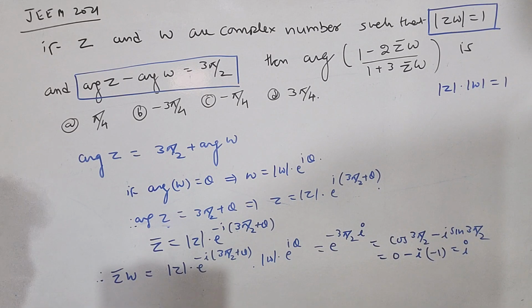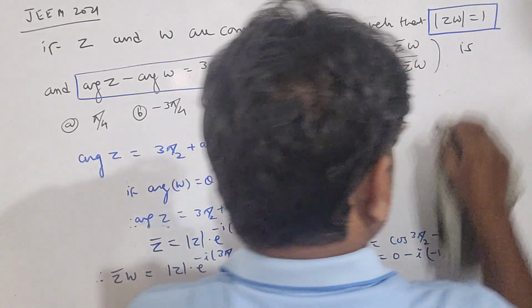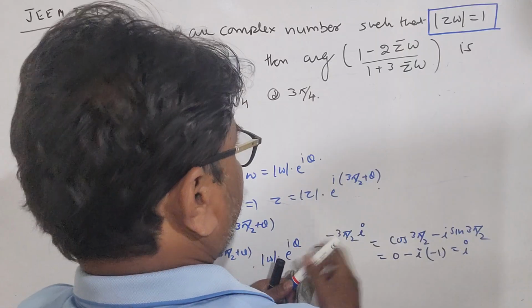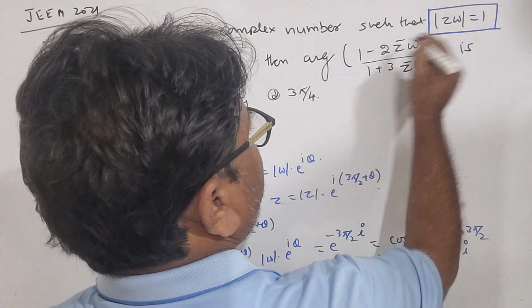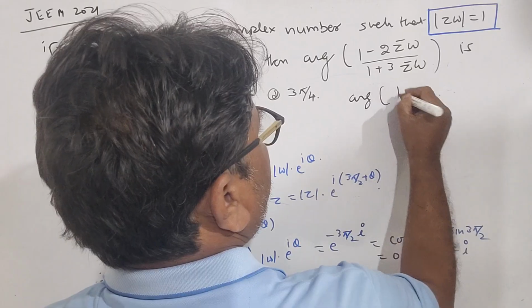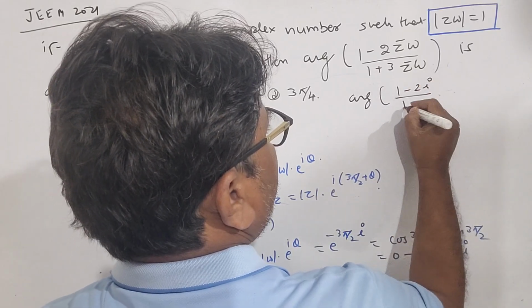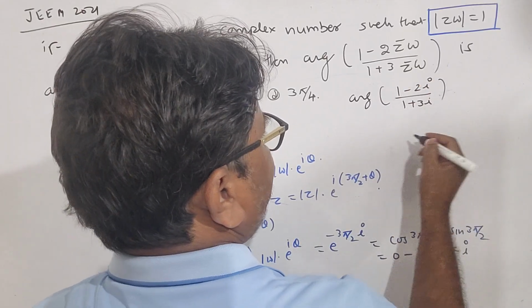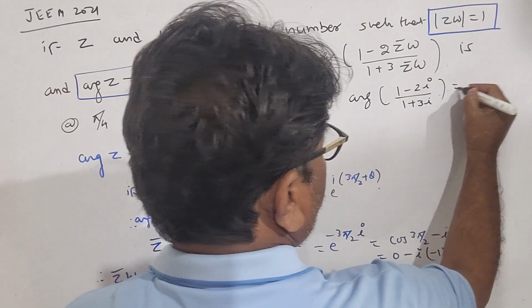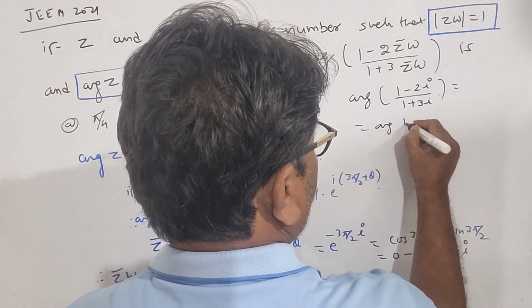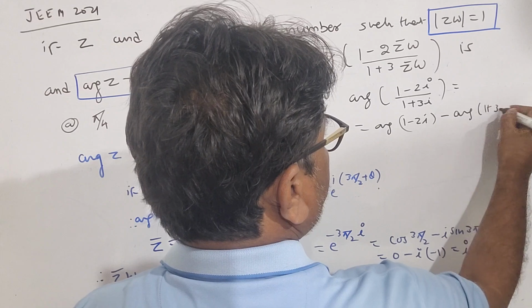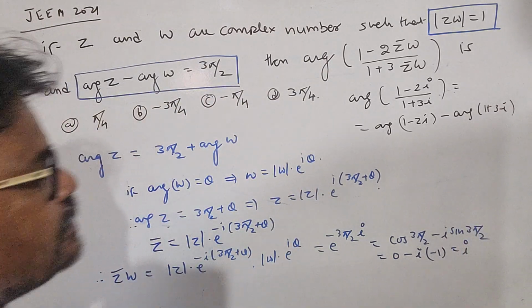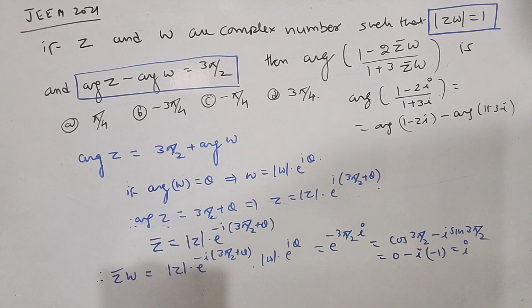No problem with this one. So now what are we having? The argument of (1 minus 2 iota) divided by (1 plus 3 iota). That is simply the argument of 1 minus 2 iota minus the argument of 1 plus 3 iota, using the properties of argument, which actually follow the properties of logarithm.